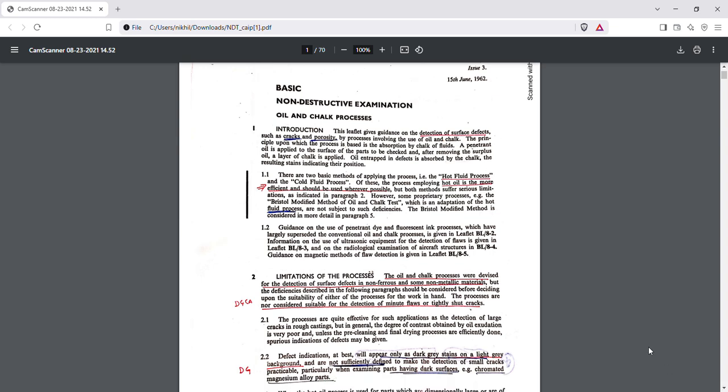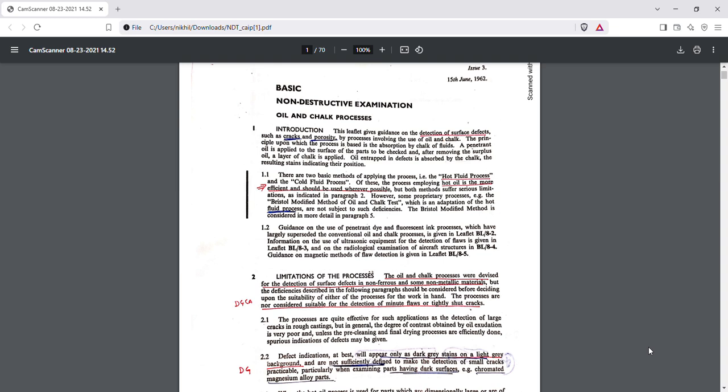The leaflet gives guidance on the detection of surface defects, such as cracks or porosity, by the process involving the use of oil and chalk. The principle upon which the process is based is the absorption by chalk of fluid.